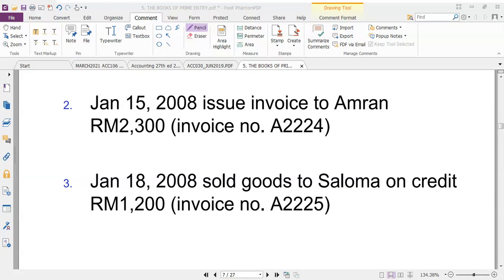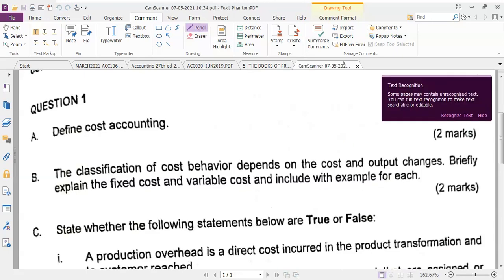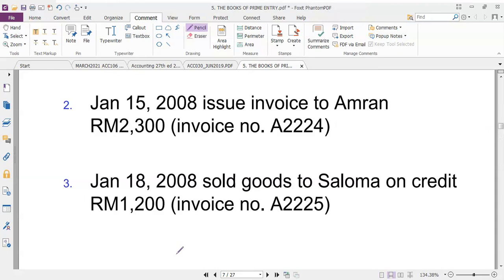Ada tak nampak dekat WhatsApp group? Did you see the sales invoice? Okay, so itu bentuk dia.